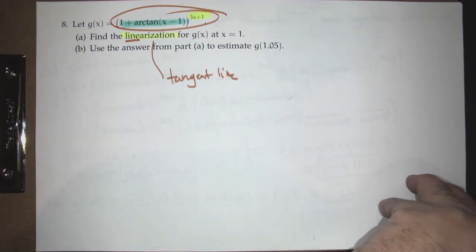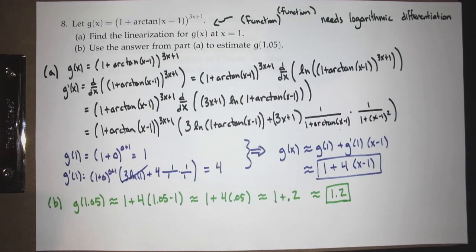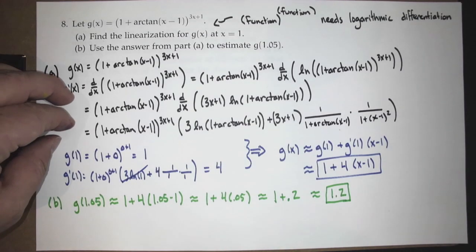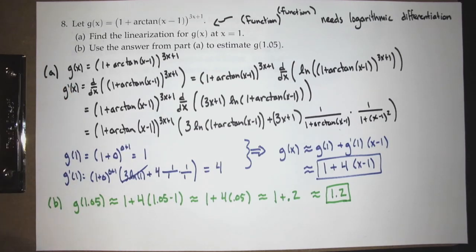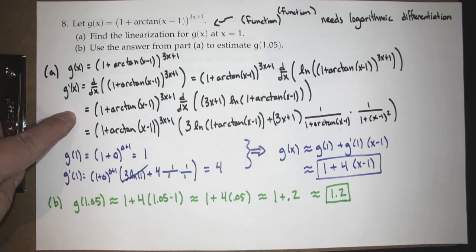All right, so I don't want to belabor that because we've done logarithmic differentiation before. So you work through it. It's not as bad as it looks. It's mostly a lot of writing. So just be patient. Don't rush. Take your time. Once you have your function and the derivative, evaluate.